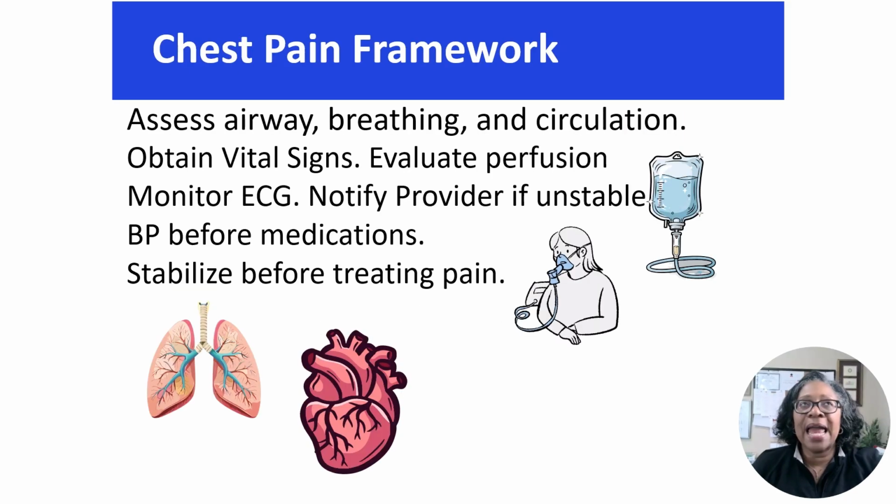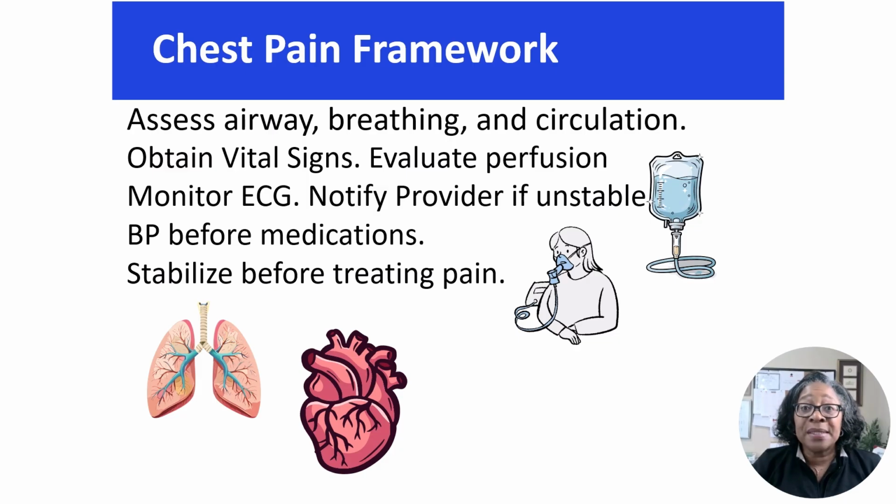So when you're looking at chest pain, is there a certain framework? This is what we try to teach you in school. You're going to assess airway, breathing, and circulation, those ABCs. You're going to obtain vital signs. You're going to evaluate the perfusion indicators. Is the heart rate fine? Is the blood pressure fine? Is the urine output fine?